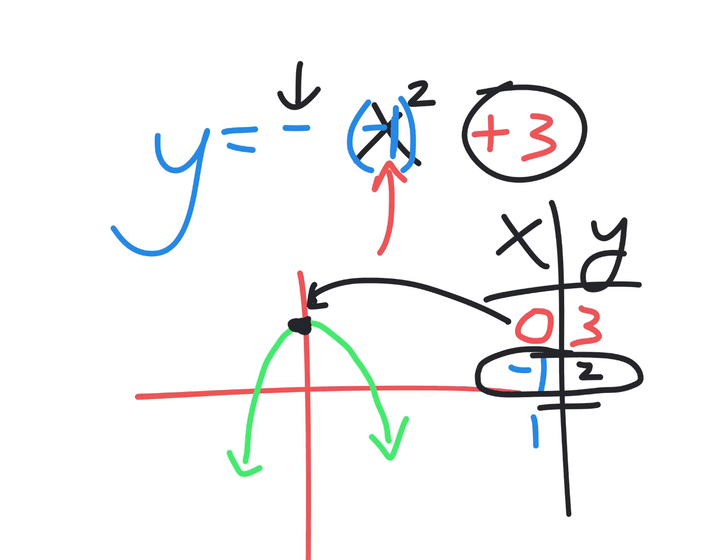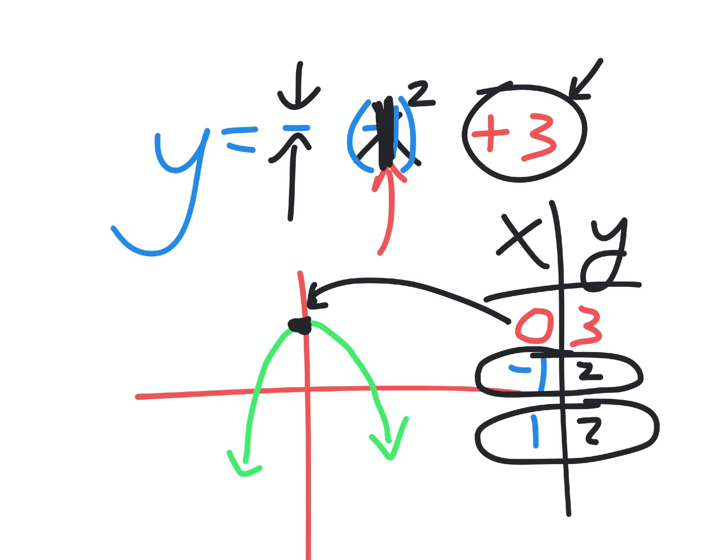Liv, can you tell me what happens when I put in regular 1? 1 here, 1 squared is 1, and then? We add a negative, makes it -1, and then? It's back to 2 again. And does that make any sense? -1, 2, and over 1 and up 2. And that actually does make sense.